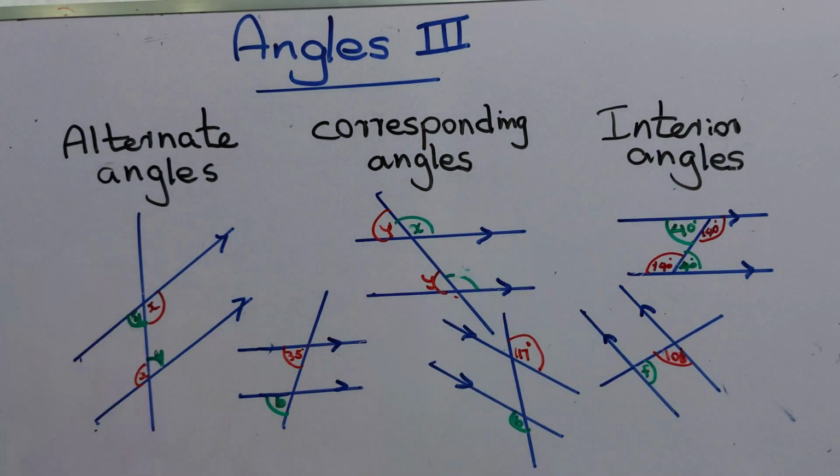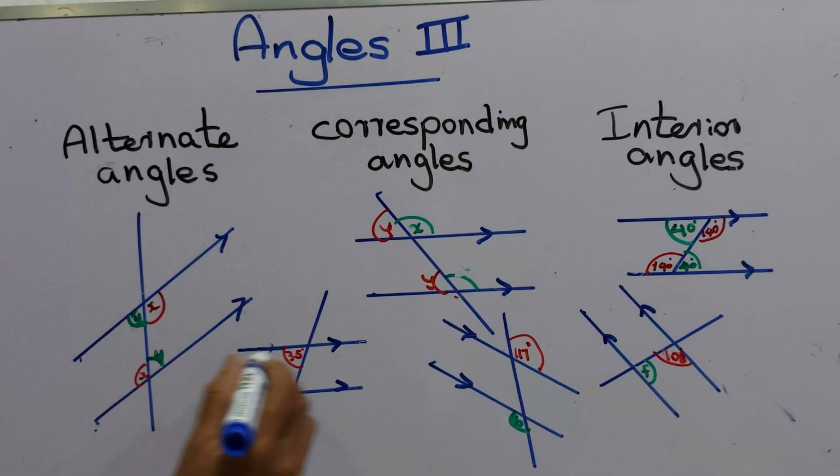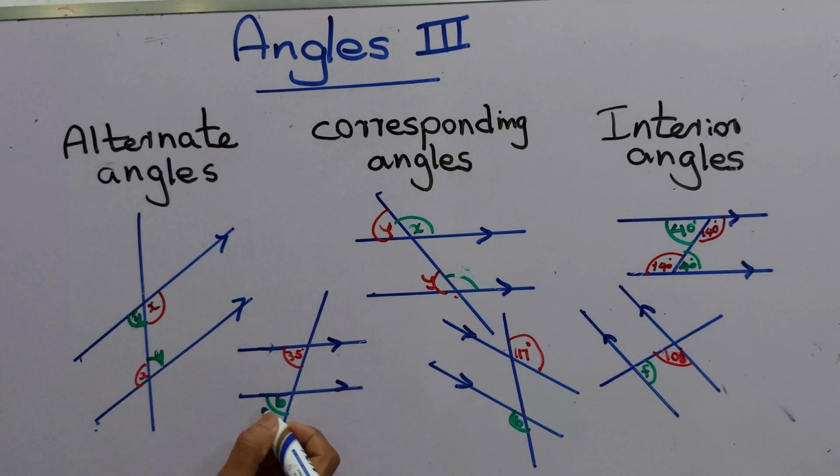Now we'll try to do this sum. Look at here. We have to find the value of this angle, angle B. Given the value here is 35. Then how are we going to find this?